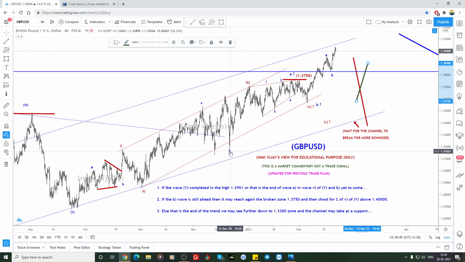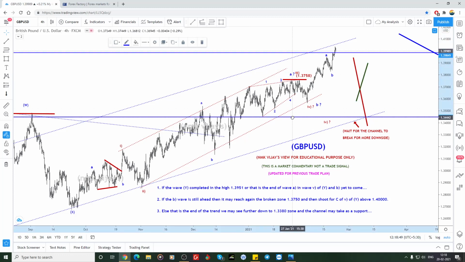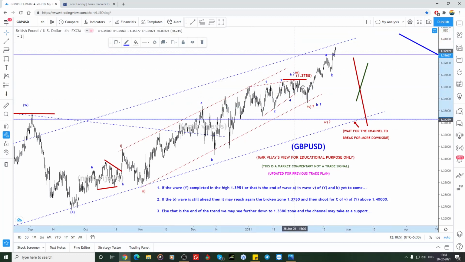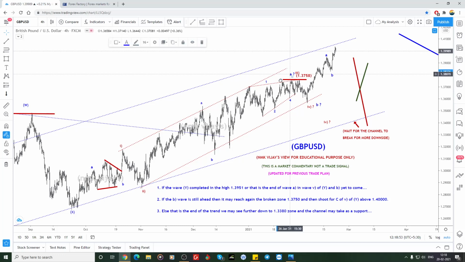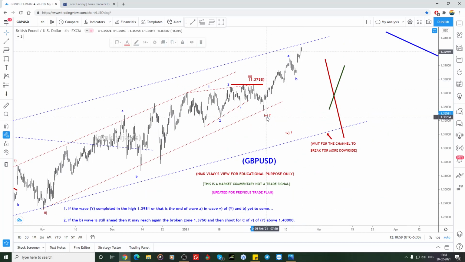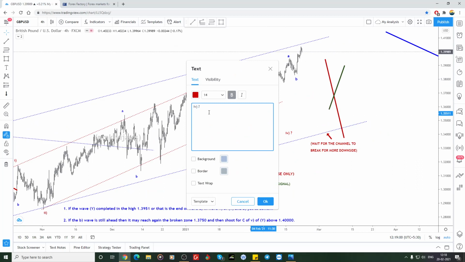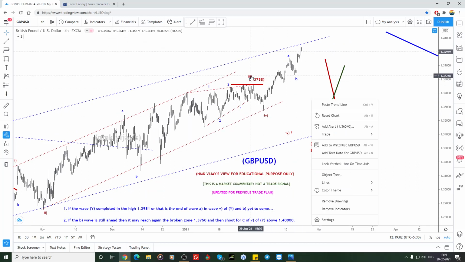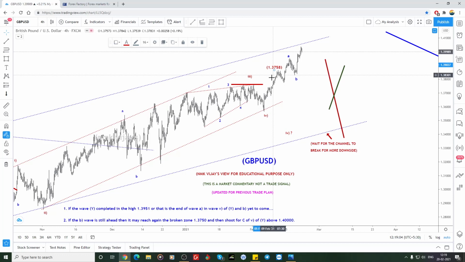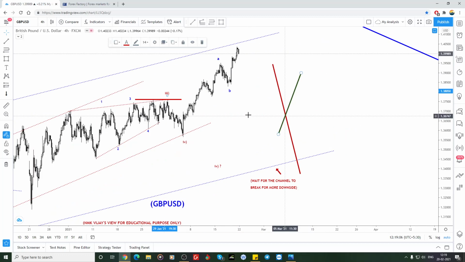Yeah, so we need to change this as a third. This is not an A, this is not a B. So the 4 is a simple one here. So this could be a 1, 2, 1, 2, 3, 4, 5.